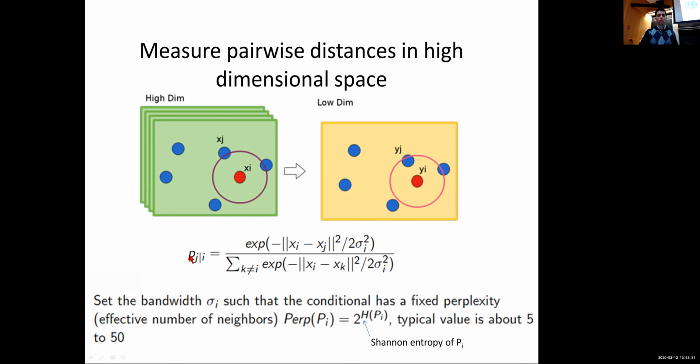Okay, so the probability of observing point J, given that I'm focused at point I and looking at my neighborhood, is effectively going to be this exponential function. In stochastic neighbor embedding, it's basically just a Gaussian function.